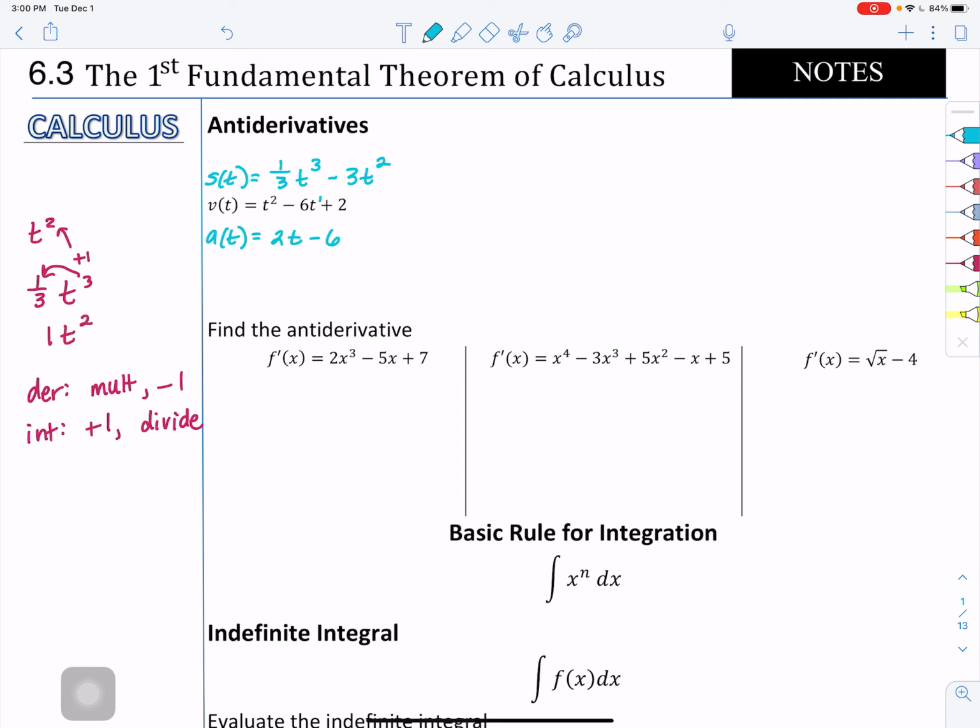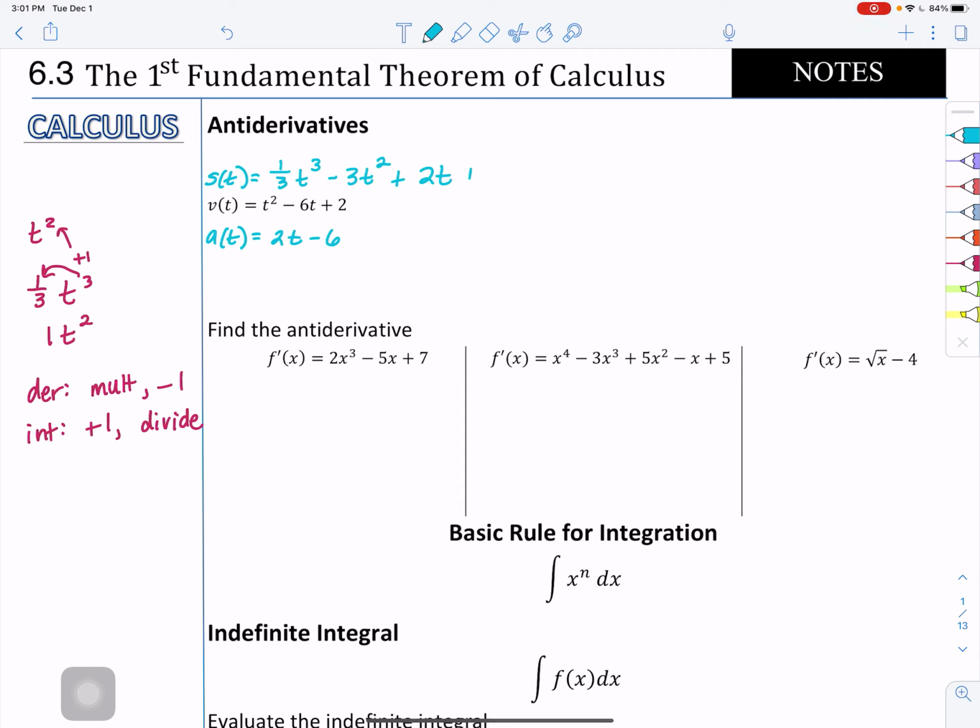So if you take the derivative of negative 3t squared, you're going to get a negative 6t. So we added 1 and divided. Now how about that 2? What did you take the derivative of and get 2? You guessed it, 2t.